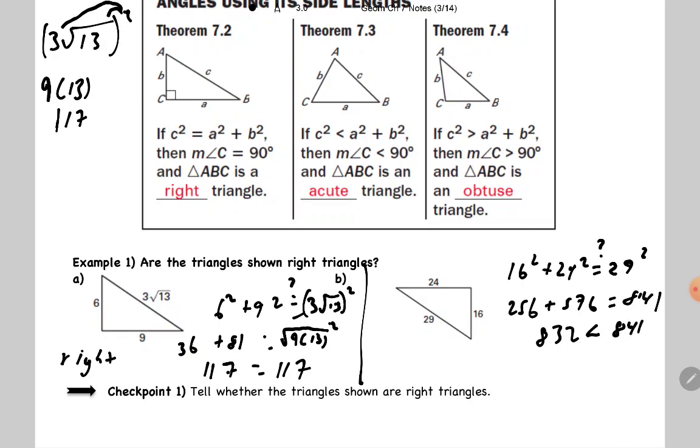But we have to be careful about what's supposed to be less than or greater than. Remember, this is c right here. So c squared is greater than a squared plus b squared. This is what we have. I just moved them around, and that matches this one. So obtuse.